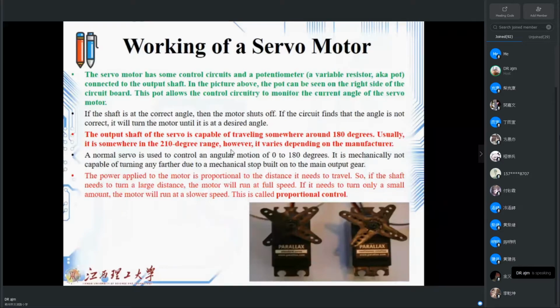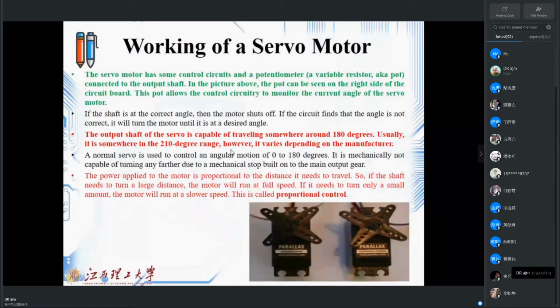If it needs to turn a small amount, the motor will run at a slower speed. This is called proportional control, meaning that based on the movement that you want, you insert the voltage accordingly.